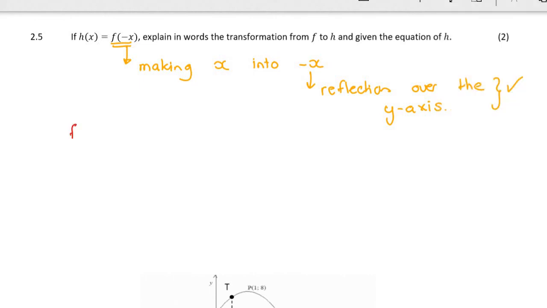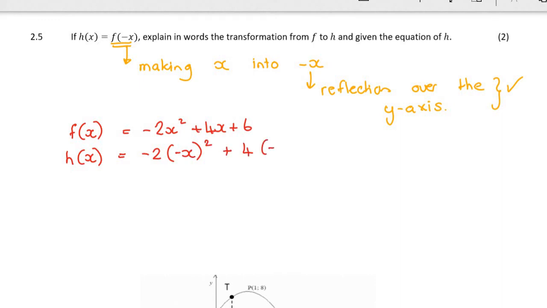Now if I just go back to what f's equation was, minus 2x squared plus 4x plus 6. So f of negative x, which we now call h of x, would be negative 2, and every single time you see x, you put a negative x. So that's what you do to the equation. Instead of having x, you have negative x.